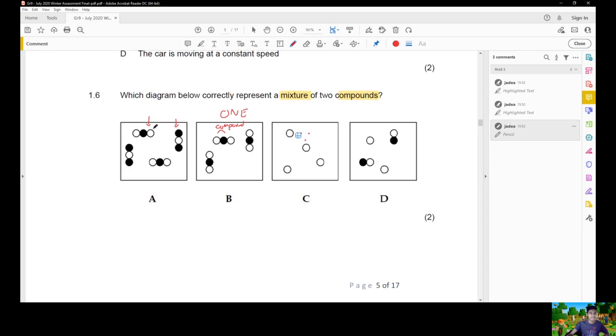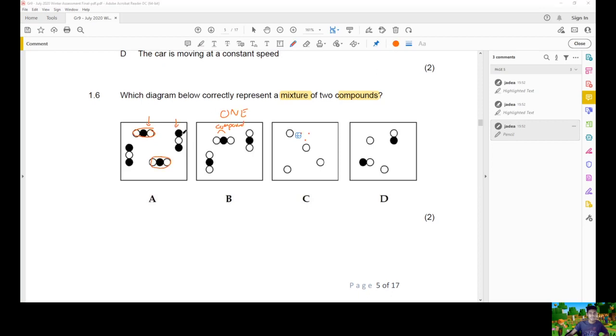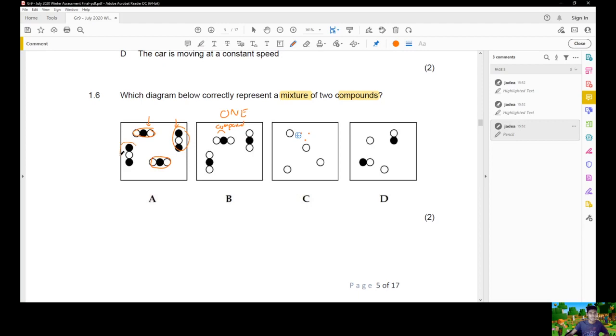So this is showing two different compounds. This and this are exactly the same. This and this are also the same, but the pairs are different to each other. So picture A is going to be my choice because it shows two compounds and they are mixed together, which I can tell from the space between them.